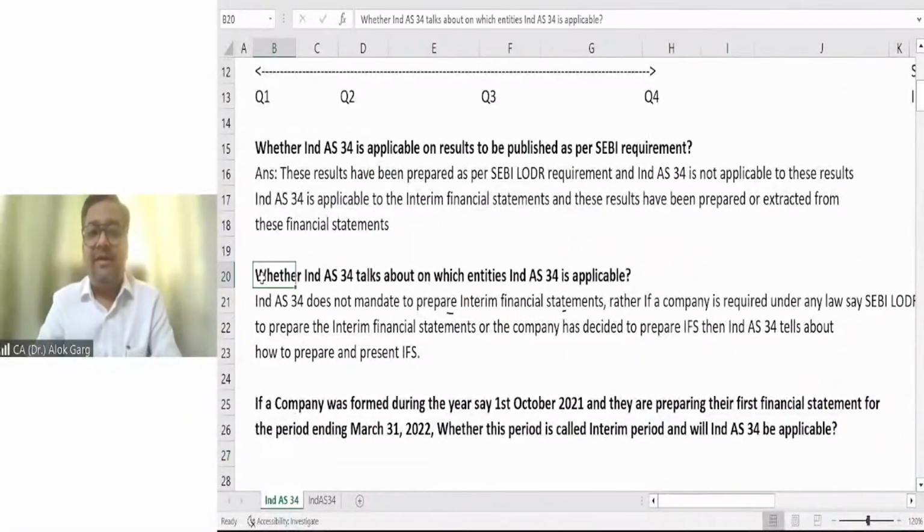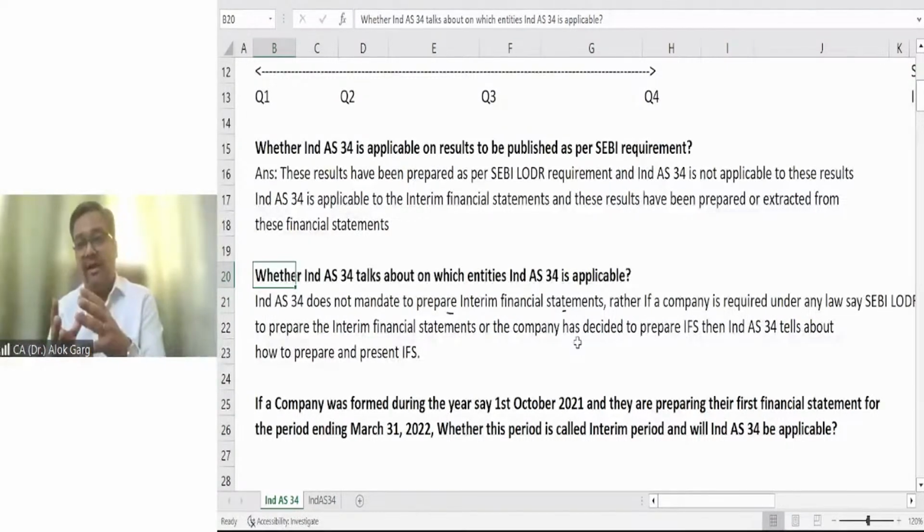Does Ind AS 34 talk about on which entities it is applicable? The answer is no. Ind AS 34 does not mandate preparing interim financial statements, right? If a company is required under any law, let's say SEBI LODR, listing obligation and disclosure requirement, SEBI regulation says that you need to file your results on a quarterly basis, and the balance sheet and cash flow on a half yearly basis, including your P&L.